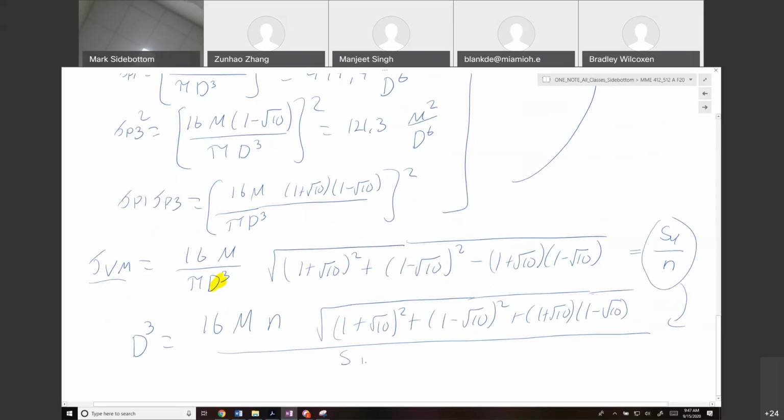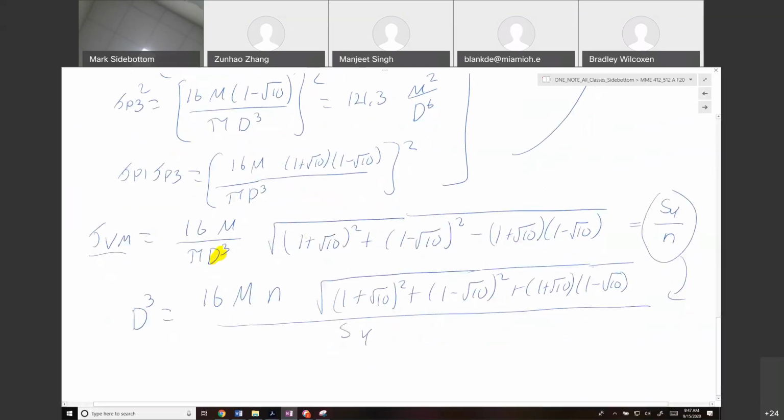All right, so if you solve for all that and plug everything in, the diameter is going to be equal to 109.1.